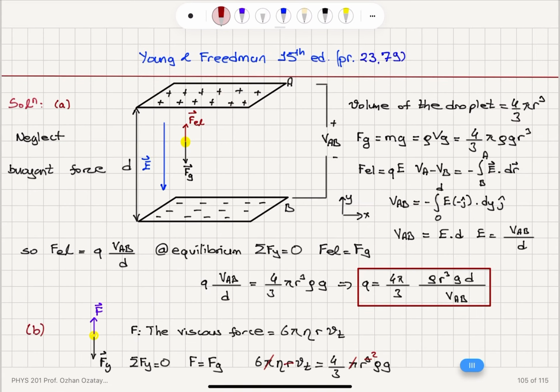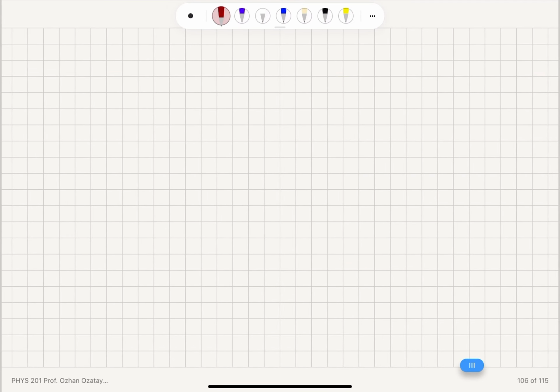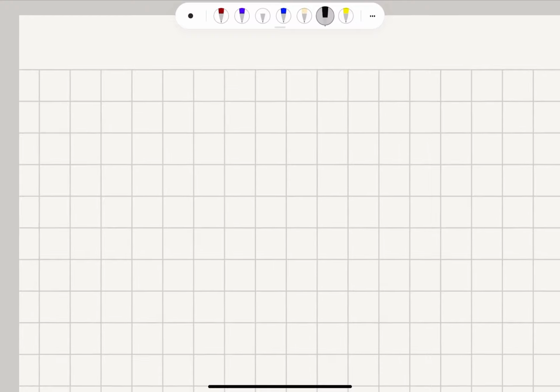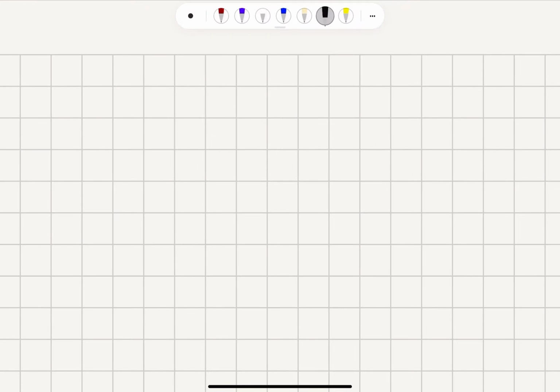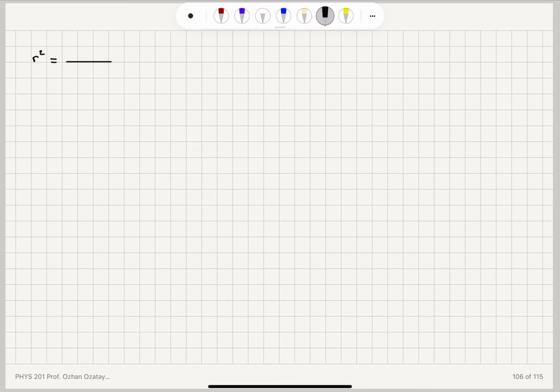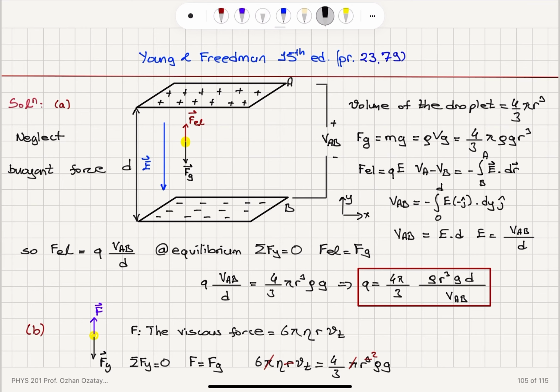Okay, so let's rewrite this result here. r squared is equal to, so you can see I will have 3 times 6, 18 divided by 4.